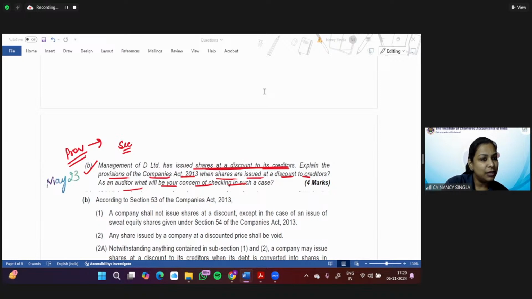Swati Singh, shares can be issued to creditors when credit is converted into debt. Correct. Komalpreet is saying ensure that it is issued under debt restructuring scheme, section 53. Right. Swati Singh, debt converted into share. Right. So let us have a look at it from your module. Shares issued at a discount to its creditors.